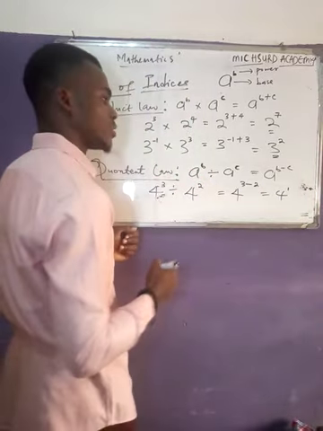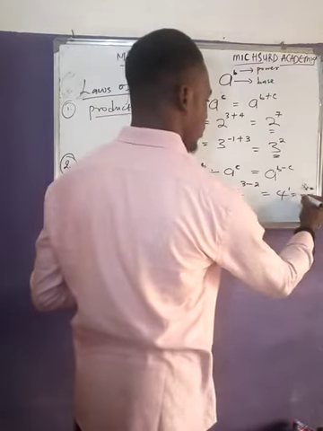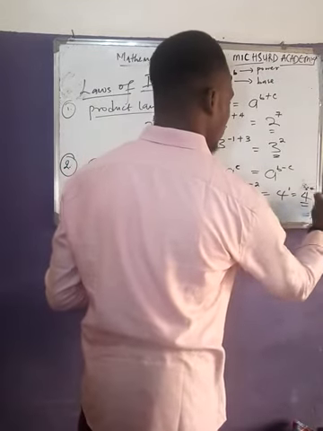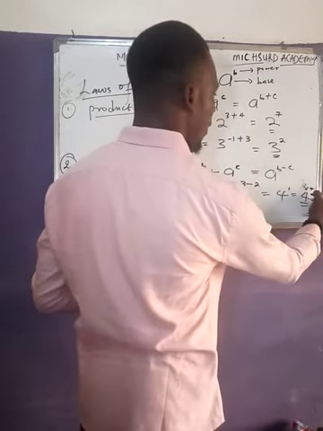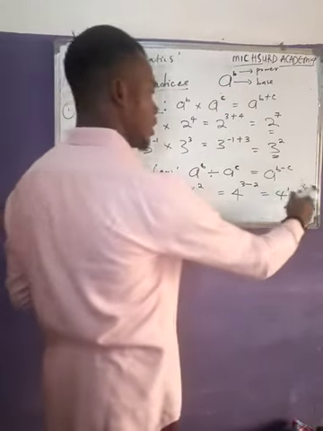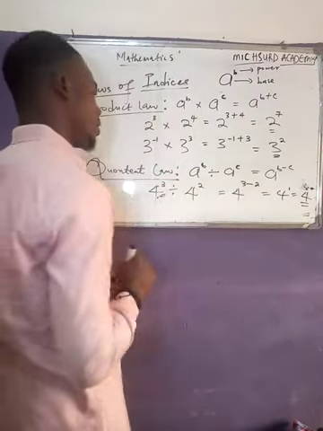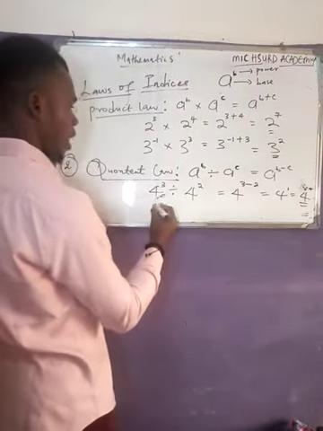So we have our answer as 4 raised to power 1. Of course, you can leave your answer as just 4. It means that the power is still 1. Anytime you don't see any power, it means that the power is 1.